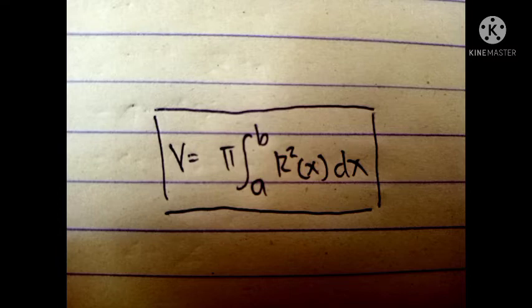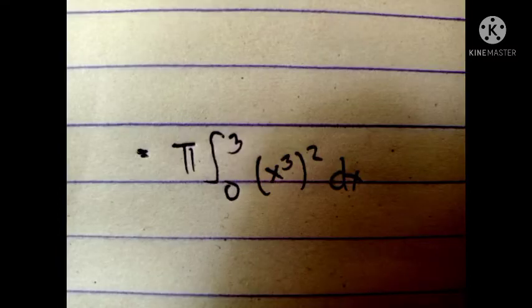It's still the same. So now we all know that the value of our y is equal to x cubed, and our r of x is equal to y. So all we have to do is plug in the value of y to our r of x.